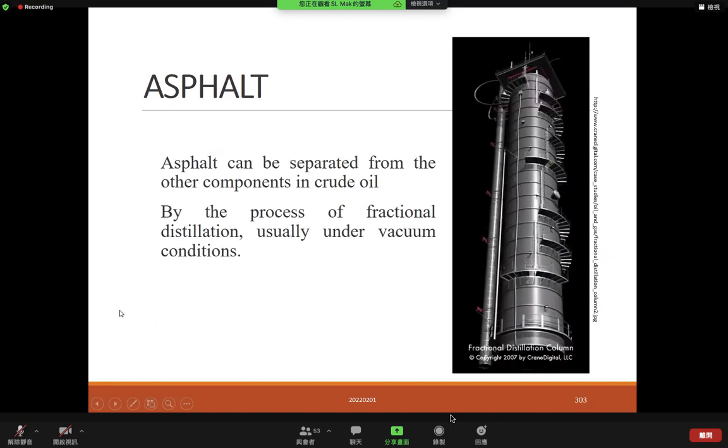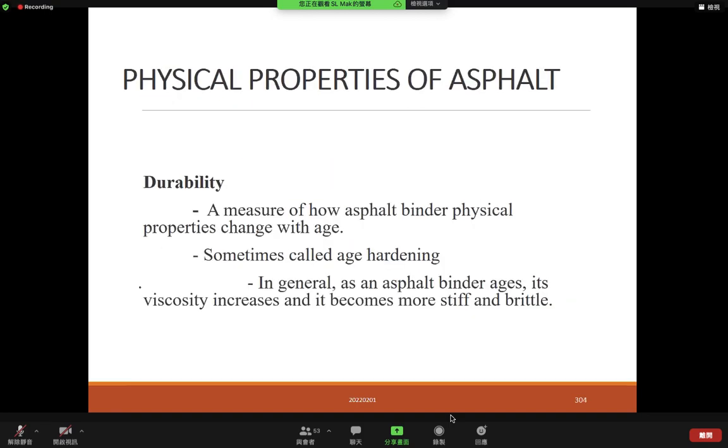This one can be separated from the other components in crude oil by the process of fractional distillation, usually under vacuum conditions. It is the part used to make asphalt. The physical properties of such material: it has good durability, a measure of how asphalt binder's physical properties change with age.